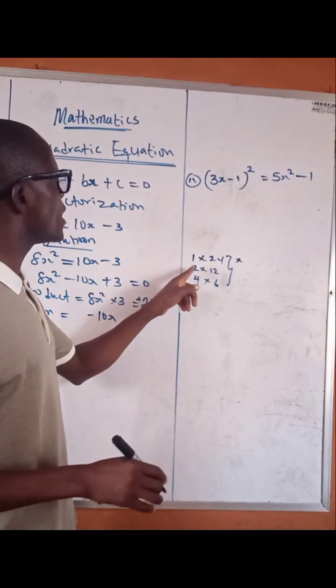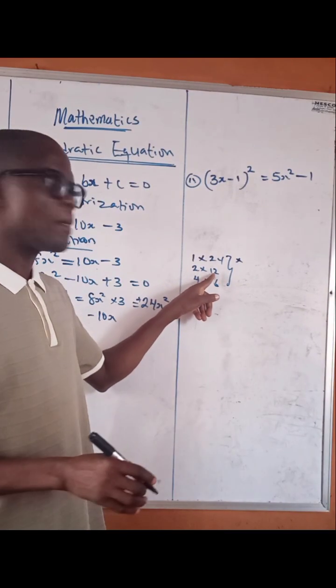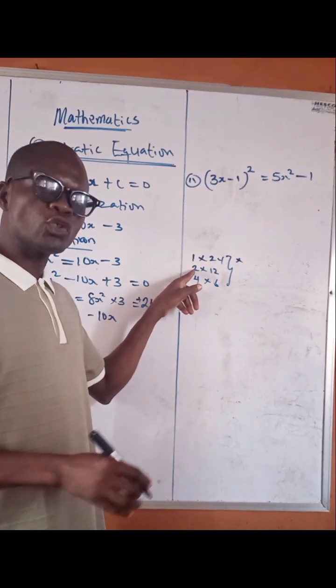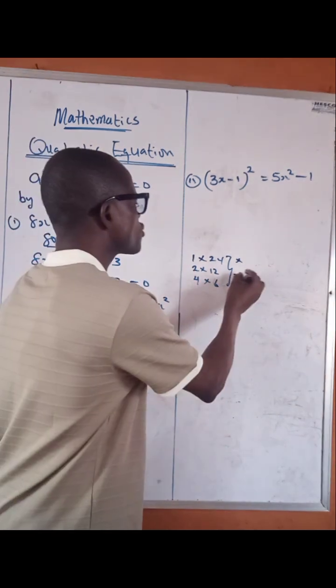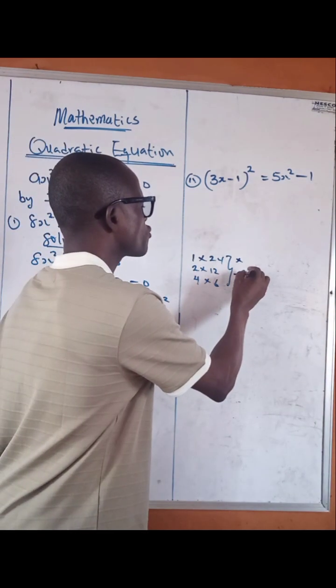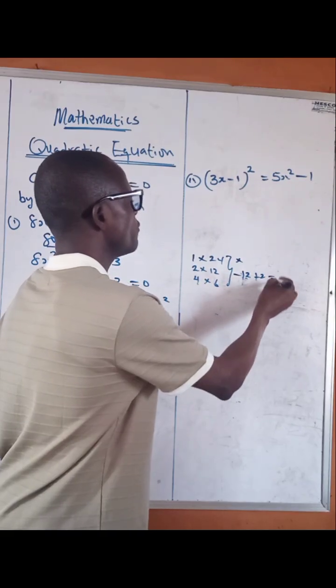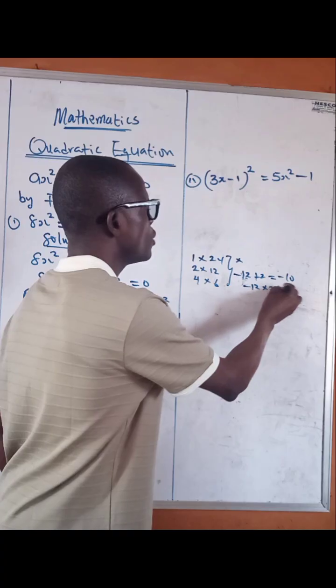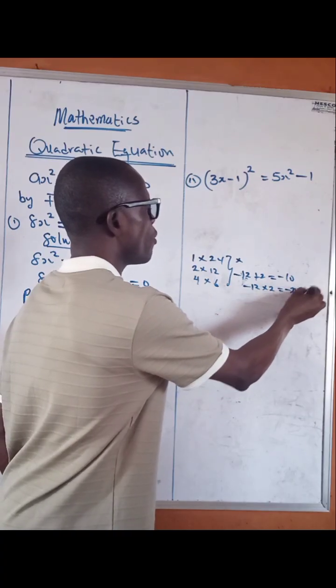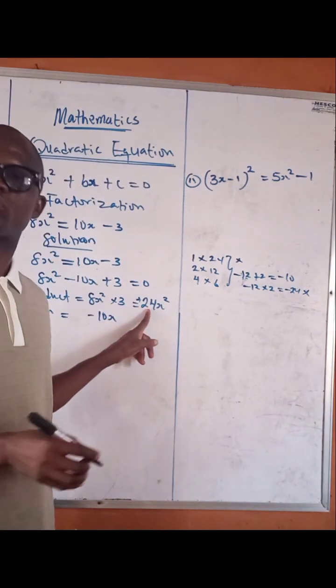But this one, when you use minus 12 plus 2, will give me minus 10. But when you multiply minus 12 times 2, it will give me minus 24. So it cannot work because I need plus 24.